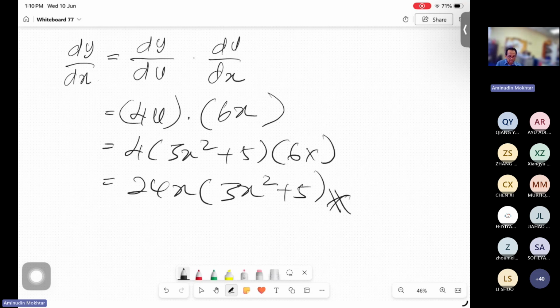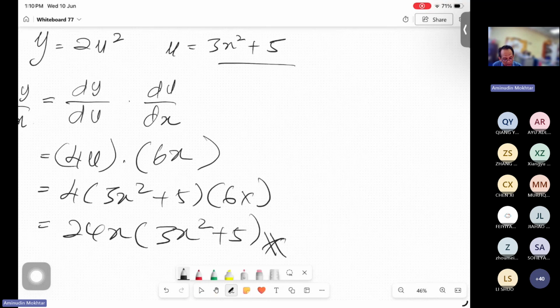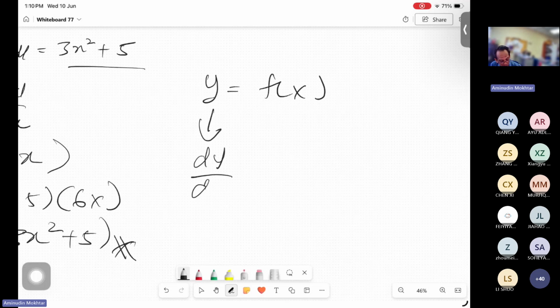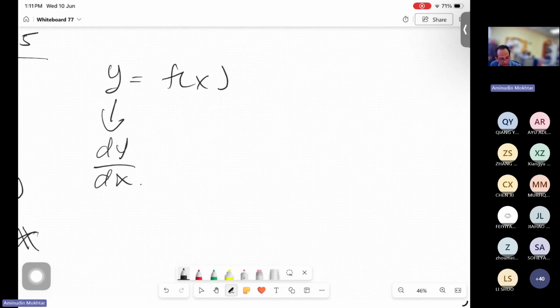So in general, when we want to find dy/dx, please remember we are talking about y equals f of x. In the equation, y is the range, x is the domain. x is input, y is output. From this equation, we can find dy/dx. As a comparison, let's say I have this function: z equals f of w.